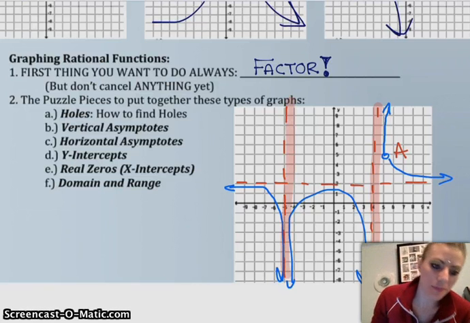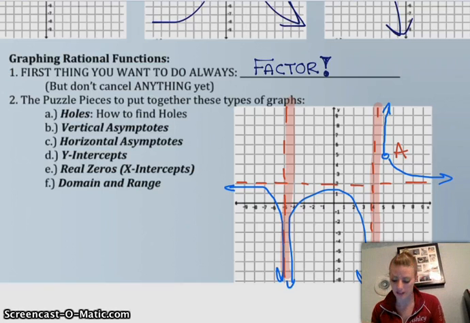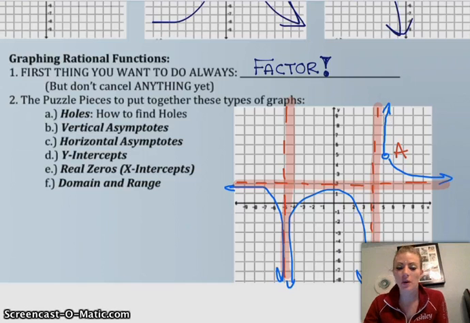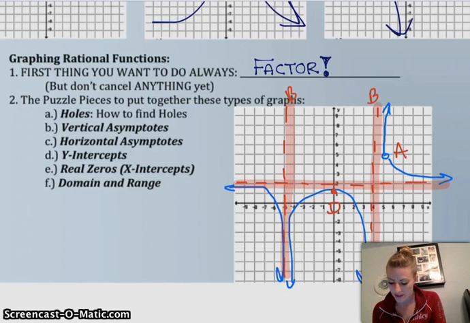Okay, so labeling those. Horizontal asymptotes, right? That would be your horizontal asymptote. Y-intercepts, that's also important, so make sure you're labeling your y-intercepts. That would be D. Here's a B and a B and a C and a D.